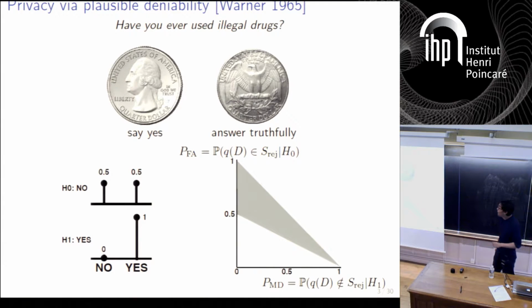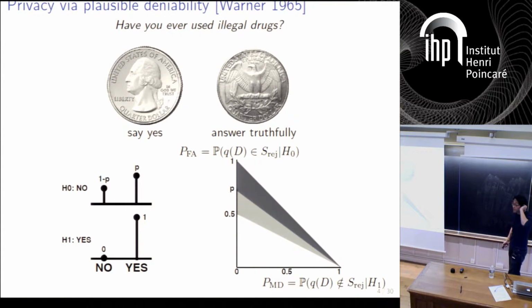Right? And by changing the bias of this coin, for example, you use a biased coin with bias P, then you can make this scheme more private or less private, obviously.